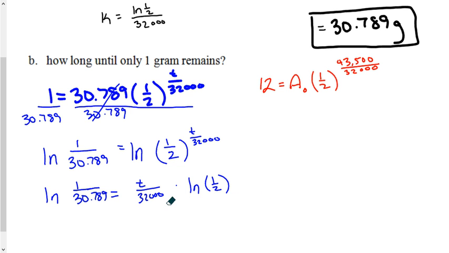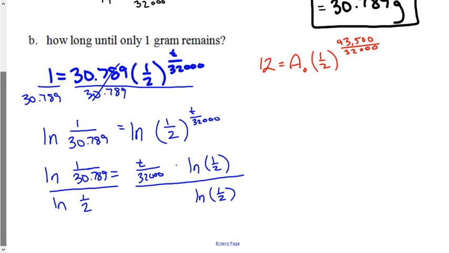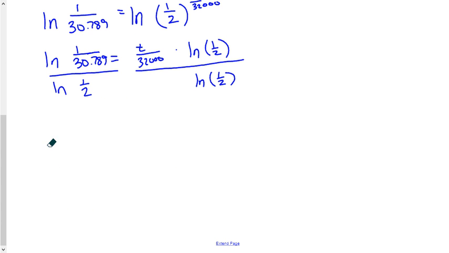Then we're going to go ahead and divide both sides by natural log 1/2. And then this on the calculator comes out to be about 4.944 equals t over 32,000.